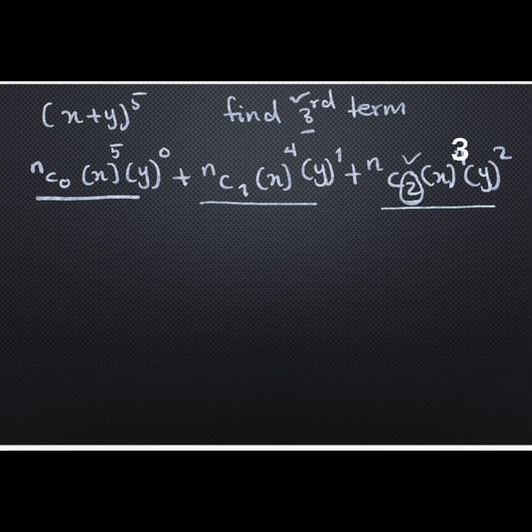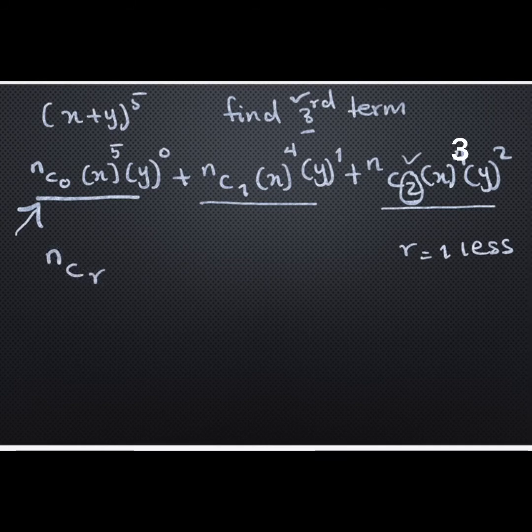So we have to now realize that r is just 1 less. If they are asking for the third, then our r will be 1 less, that means 2. So we just have to look at nCr. So your r will be 1 less. Okay.